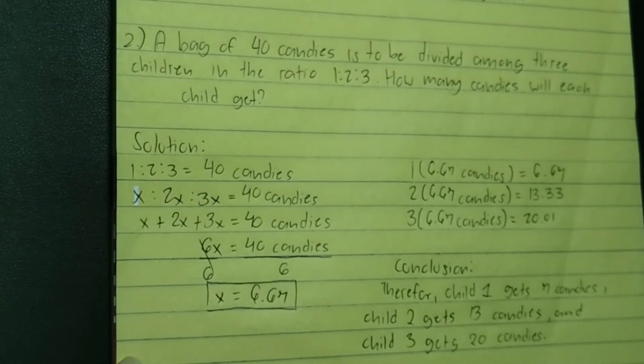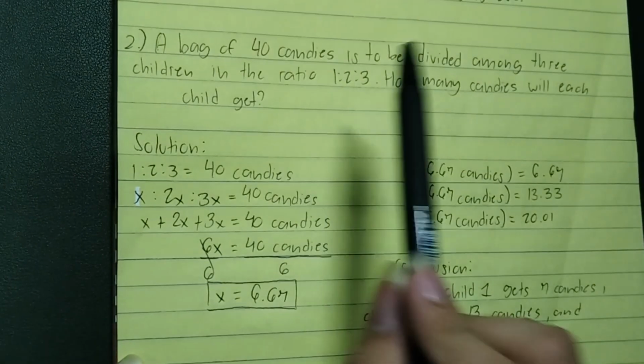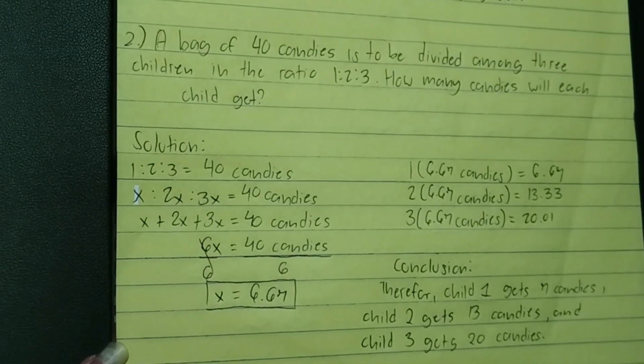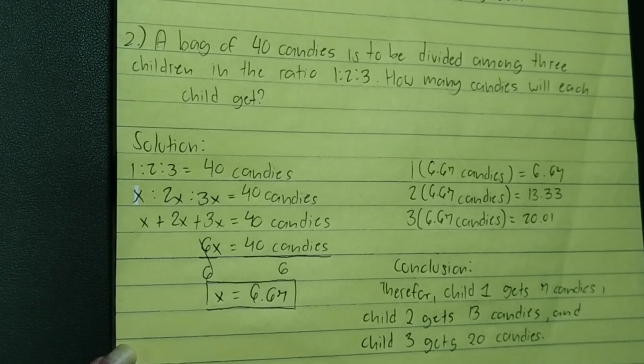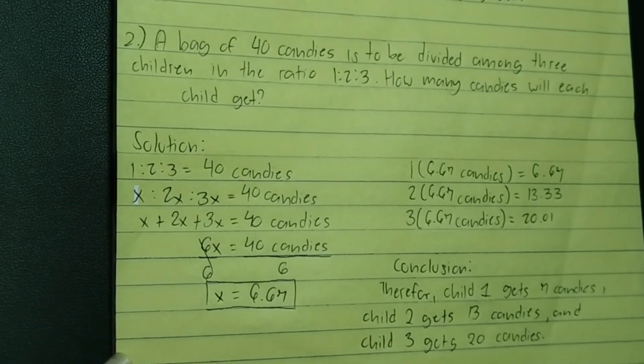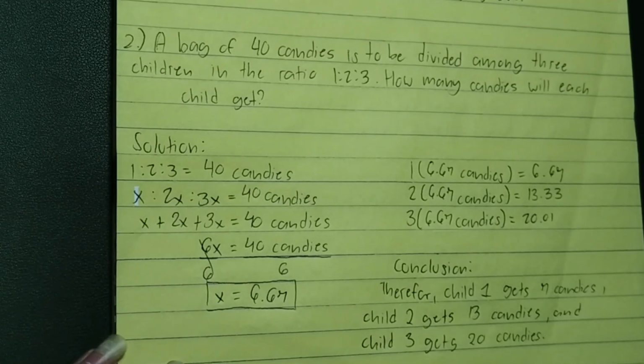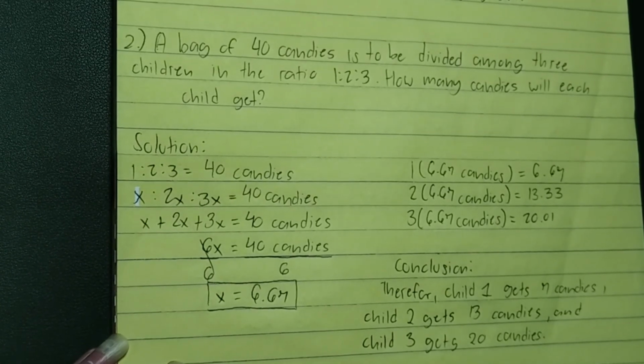Next, we have number 2. A bag of 40 candies is to be divided among 3 children in the ratio of 1:2:3. How many candies will each child get? So, of course, we should first set up the proportion to represent how many candies each child will get.